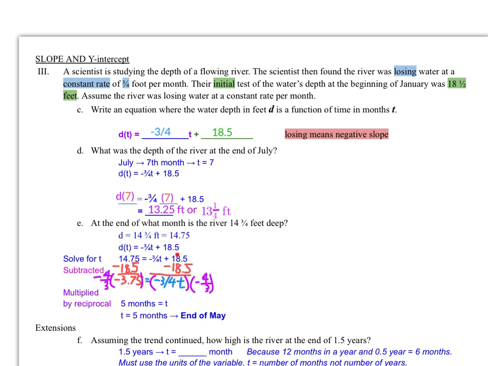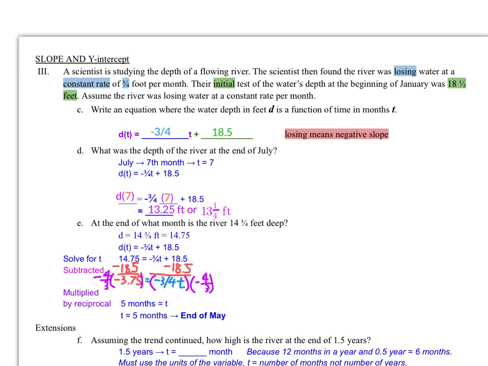We start by subtracting the 18.5 from both sides. 14.75 minus 18.5 is a negative 3.75. That's equal to the negative 3/4 T. To get rid of fractions, we multiply by the reciprocal, that's the flipped fraction. So it was a negative 3/4, and we multiply both sides by negative 4/3.